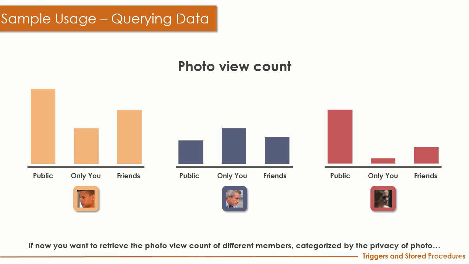Then you need to do a lot of database queries. You can imagine you need to get the member, then collect their photos and then add the counts up. You need to do it in the application. And if you're doing it in the application, that's fine. But you need to make sure of the performance, so maybe doing it in the database is a better solution.